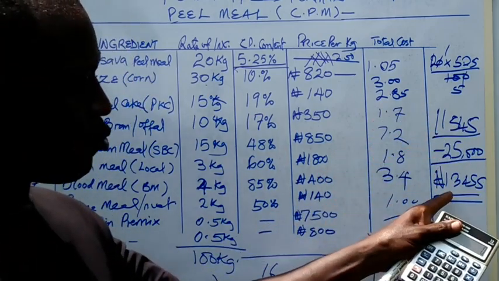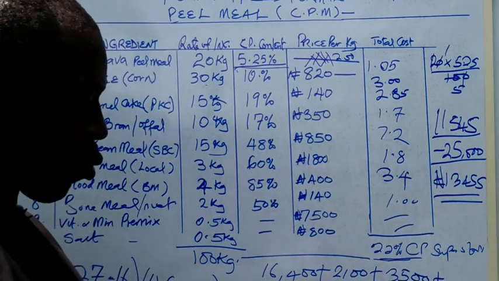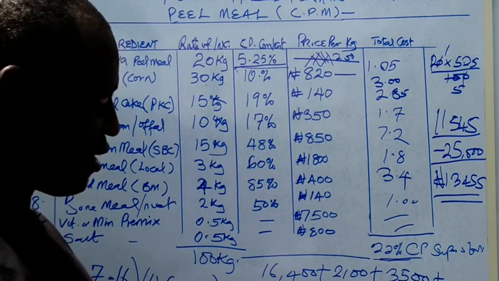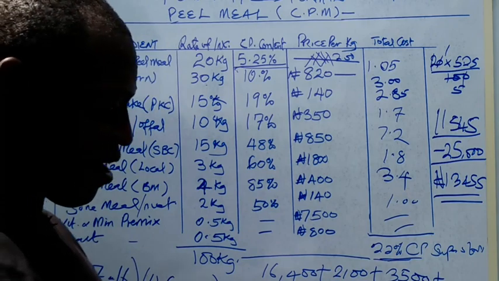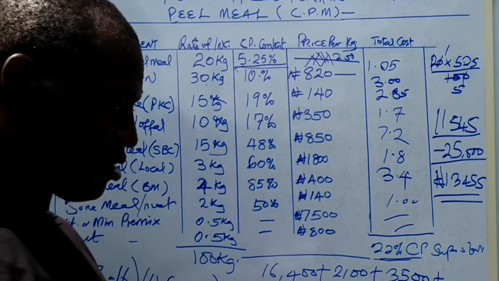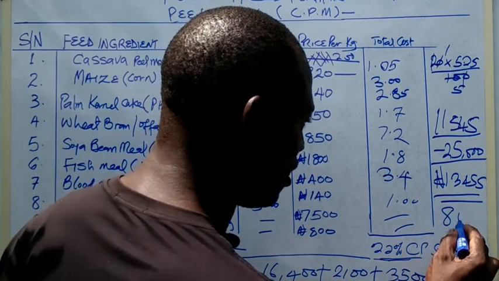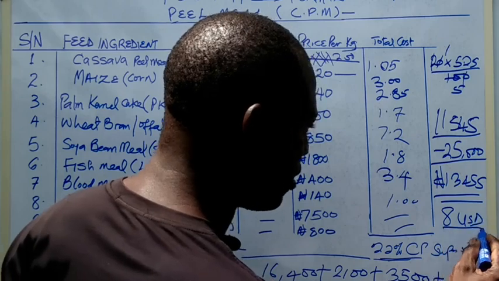See what I have helped you to save. If you convert this to dollars, 13,455 divided by 1,700, you are saving $7.9, which is almost $8 USD. This is what you are saving.